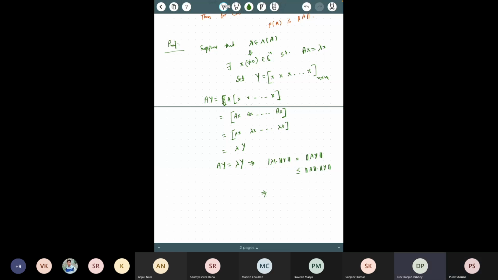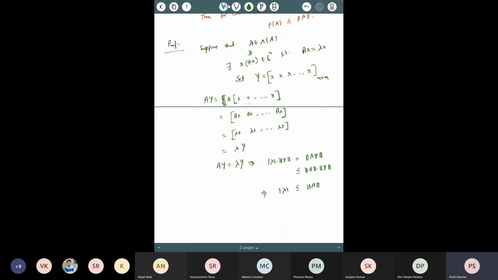Because the spectral radius is always greater than or equal to the modulus of each eigenvalue. From here we can see that mod lambda times norm Y is less than or equal to norm A times norm Y, so mod lambda is less than or equal to norm A. Why this? Because norm of Y is a non-zero number, because Y is non-zero.